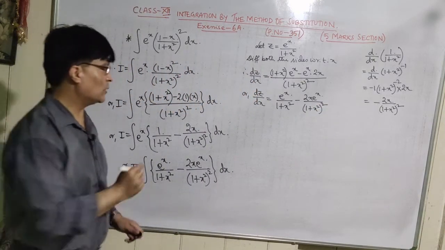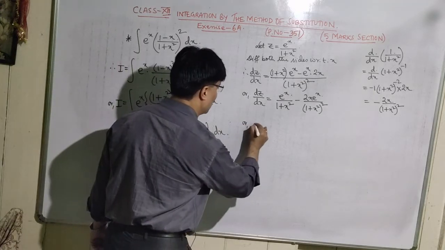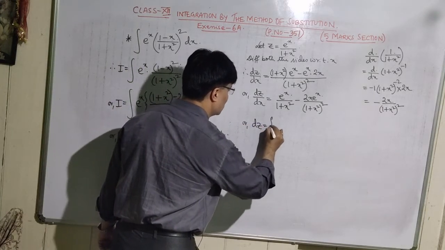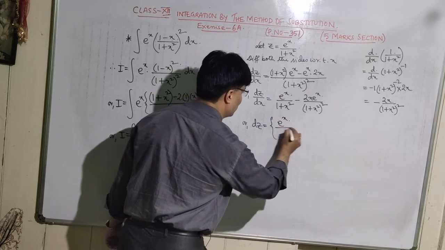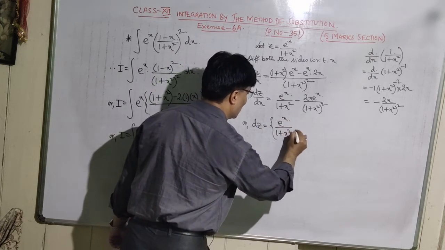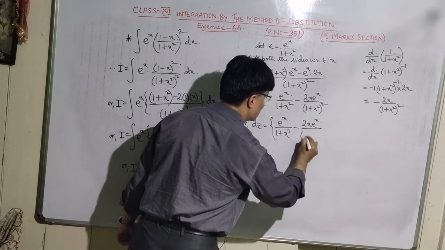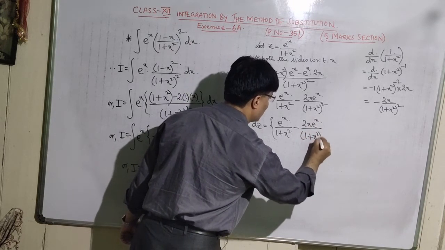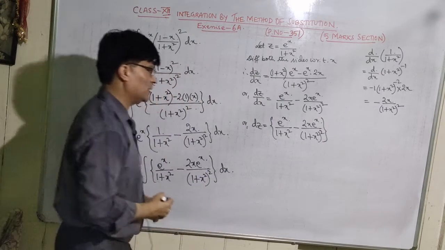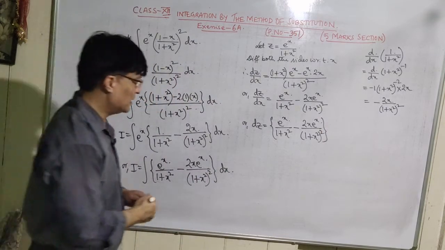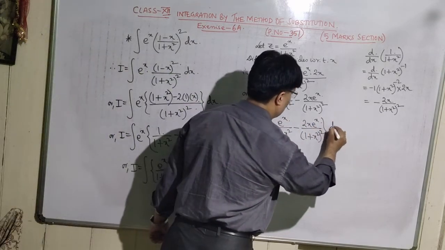Understood now? So let us cross multiply it, or dz is equal to, within second bracket, e to the power x upon 1 plus x square minus 2x e to the power x divided by 1 plus x square whole square, second bracket is closed, then cross multiply by dx.